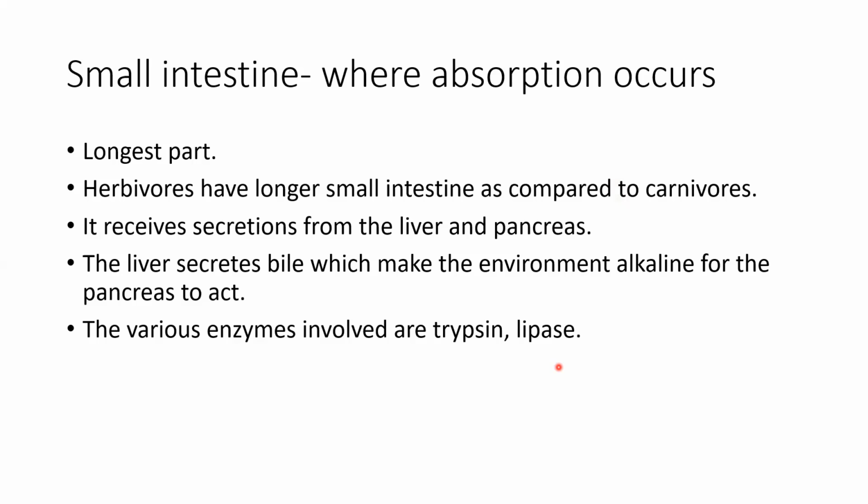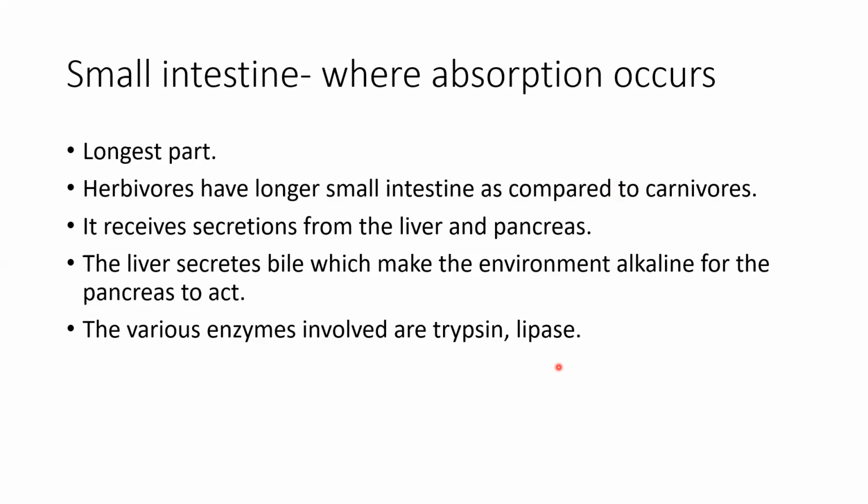Okay, the size of your small intestine will depend on what kind of animal it is inside, right? Your herbivores are capable of eating only grass, and grass contains cellulose. I hope everyone knows that. Cellulose is a carbohydrate and a very hard biomolecule to digest.